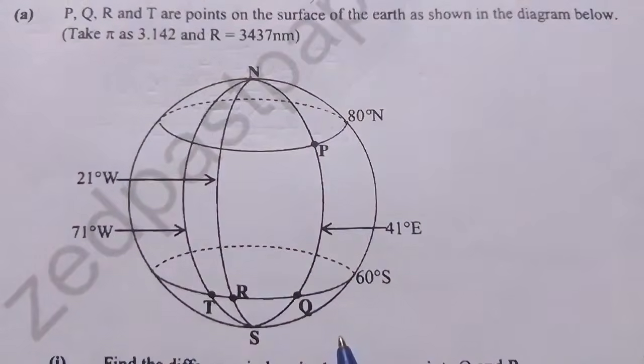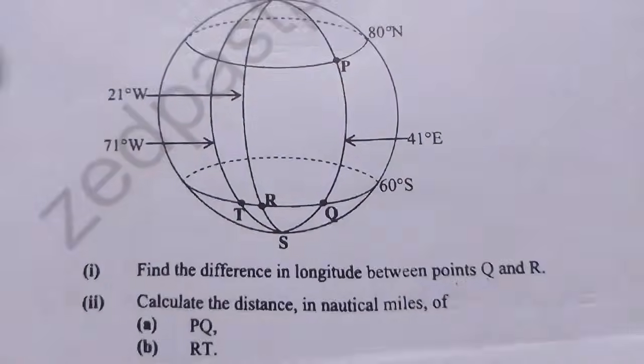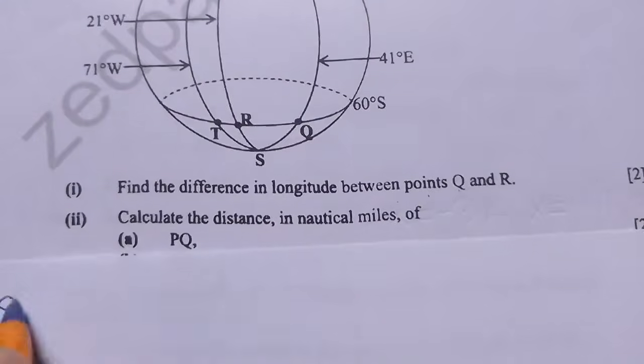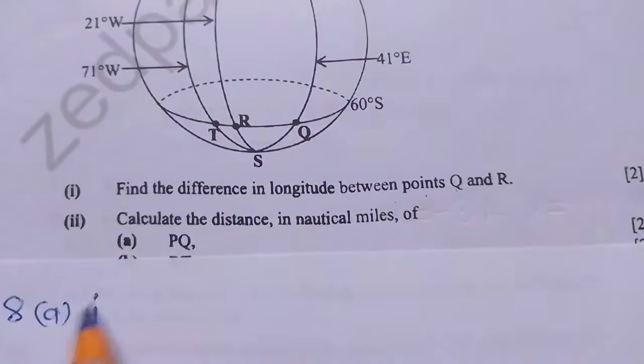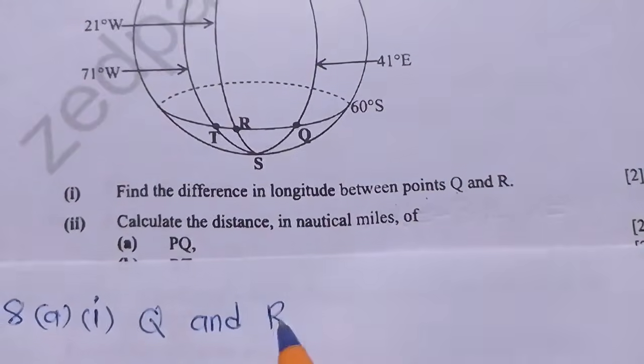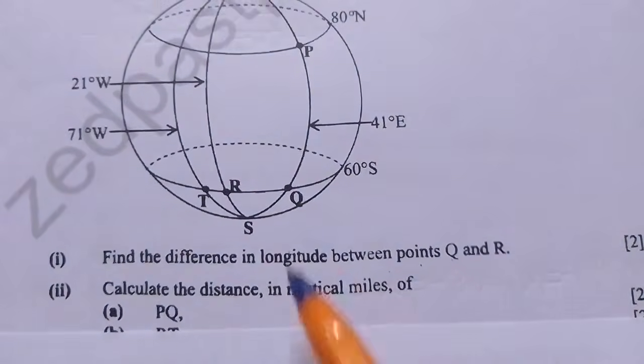Where is Q? Where is your Q? Q is here. The R is there. So how do you answer such a question? So you're going to say, this is question 8a. Then the first part, Q and R. So Q is on which longitude?